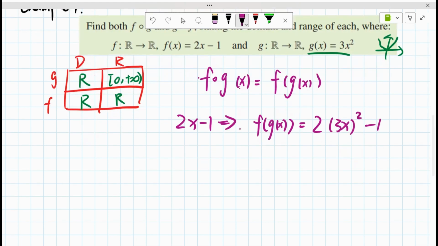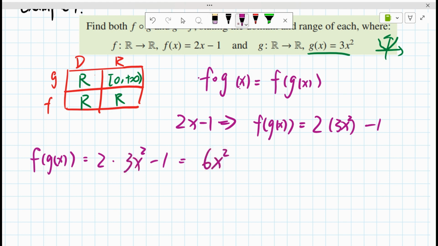And then that actually equals 2 times 9x squared minus 1. Wait, my mistake. So it's 2 times 3x squared minus 1, which equals 6x squared minus 1.